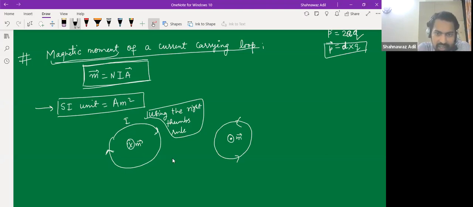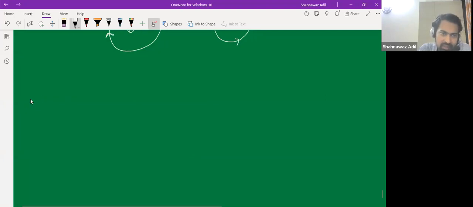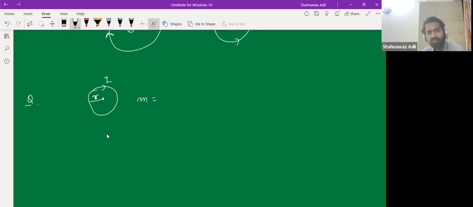Okay, so let's say we have this circle and the radius is r. The current flowing is I. What would be the magnitude of magnetic moment?